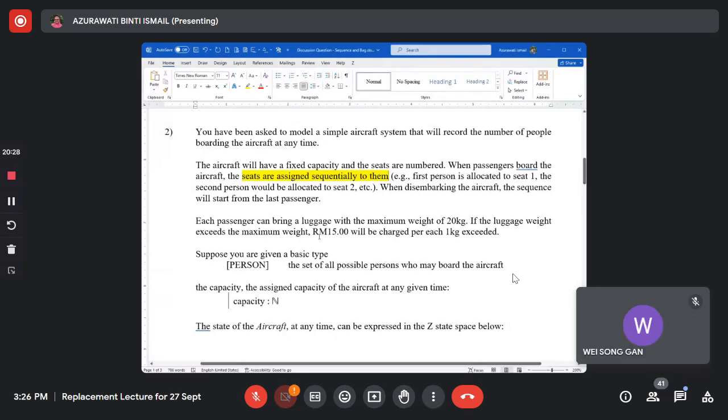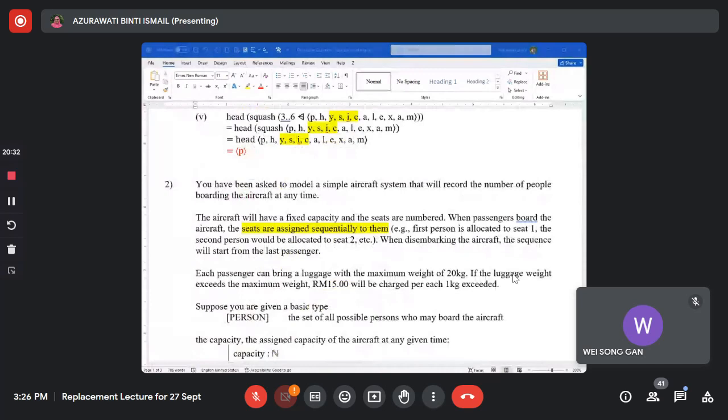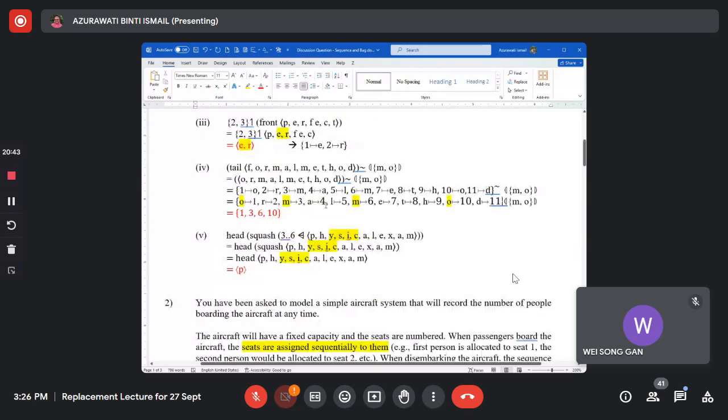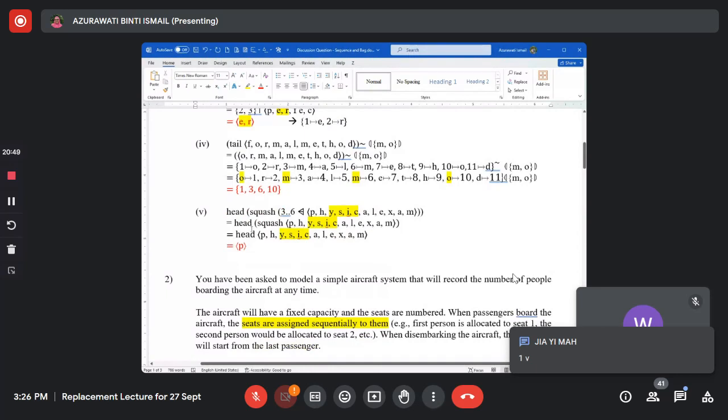Sorry, previous question. Which question? May I know which previous question you are asking? Which one? 158? Yes. Oh, sorry, I didn't remove it. I think I removed it just now.